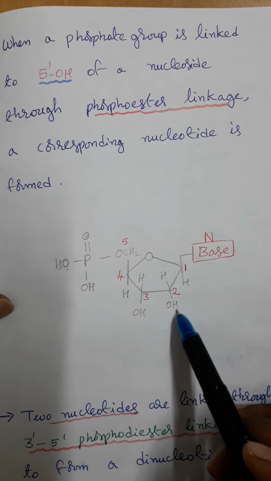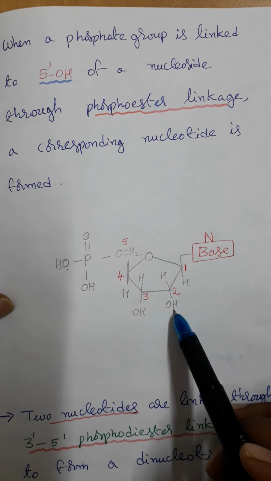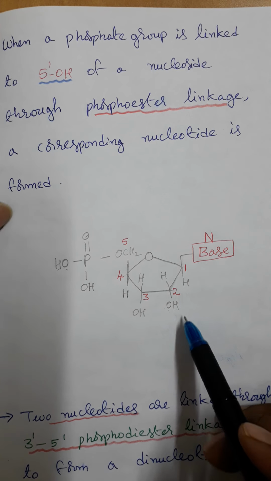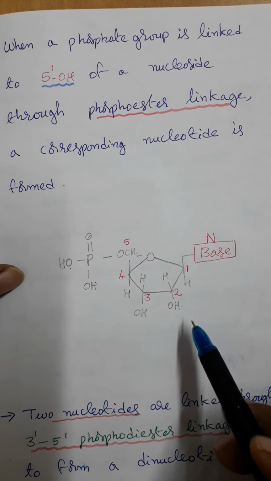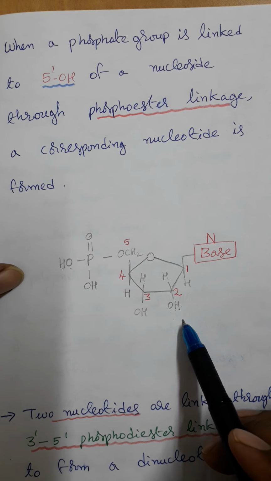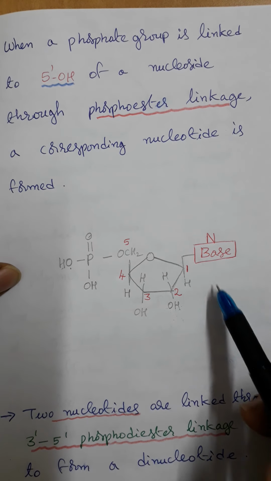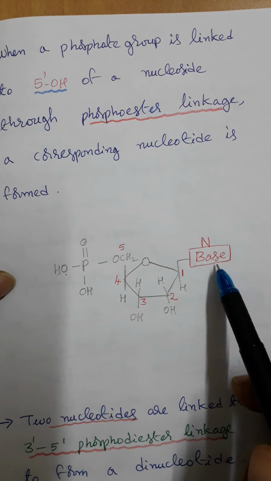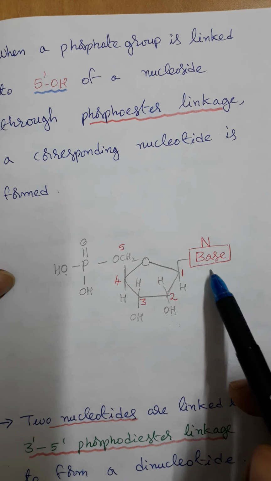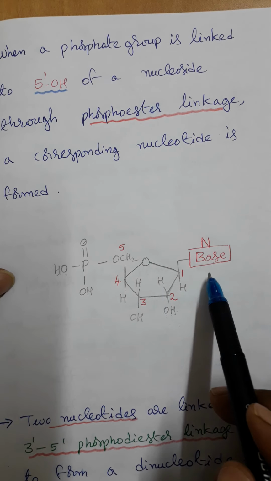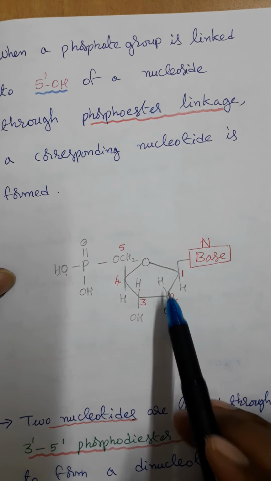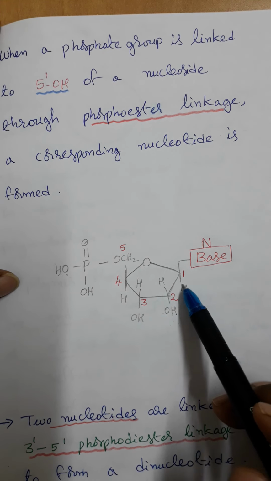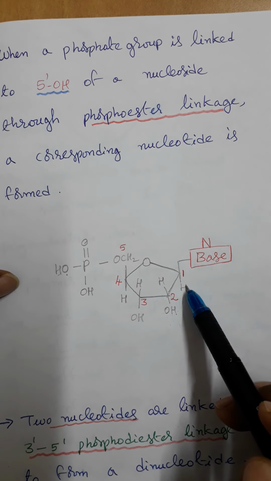In ribose sugar, an additional OH group is present at the second carbon, whereas in deoxyribose that additional O is absent. This is the nitrogen base, which may be adenine, guanine. Here the nitrogen base is attached to the sugar.